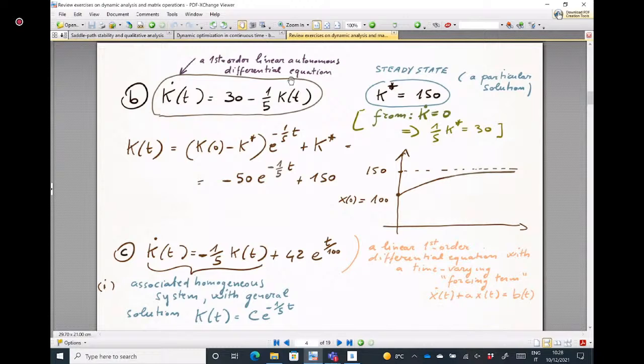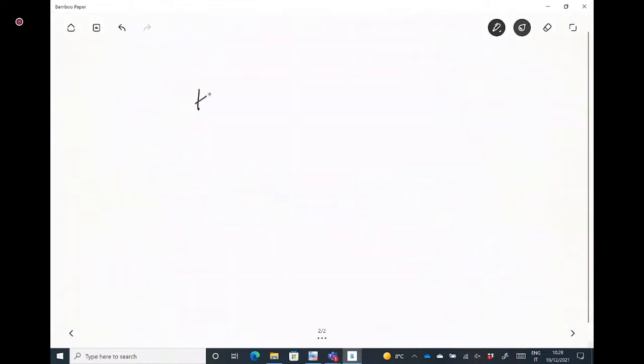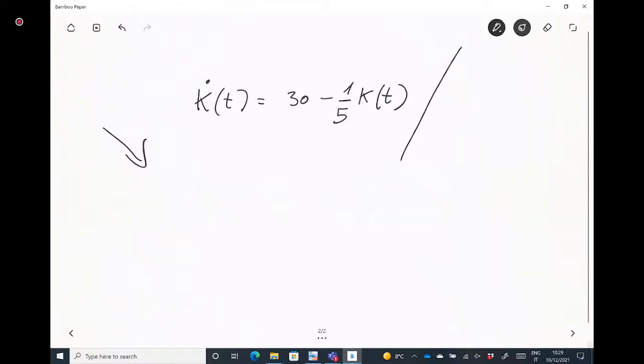So K dot is equal to 30 minus 1/5 K. So in principle, we can either write down immediately the particular solution corresponding to a given initial condition K0, which is 100 in our case.